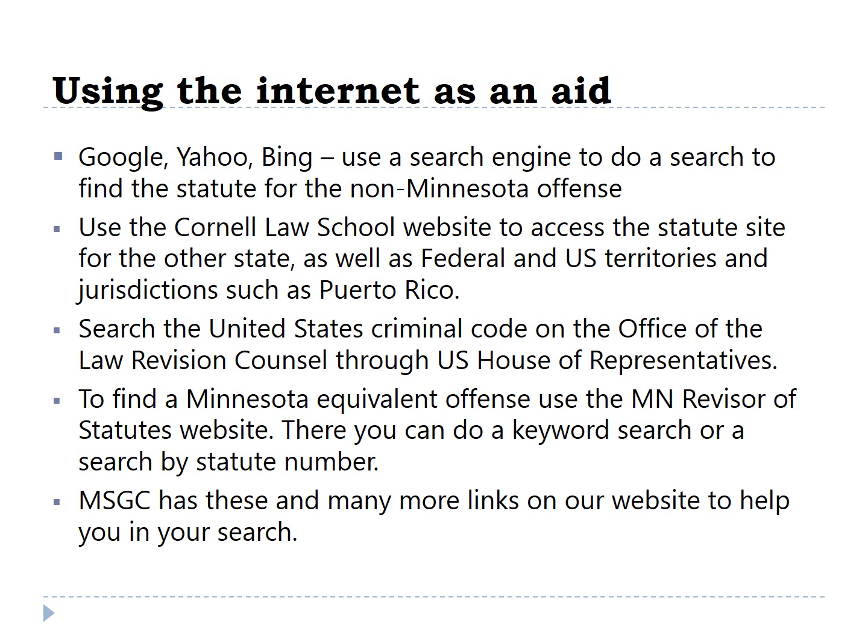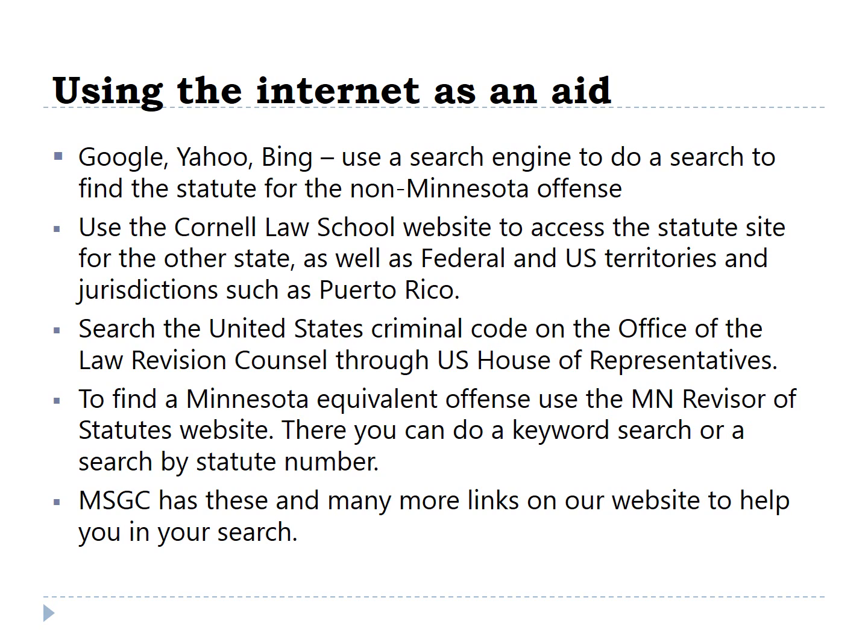To determine Minnesota statute, use the Revisor of Statutes website, where you can do a keyword search or a search by statute number. The current year will always come up first, but you can change that by adding the year in front.